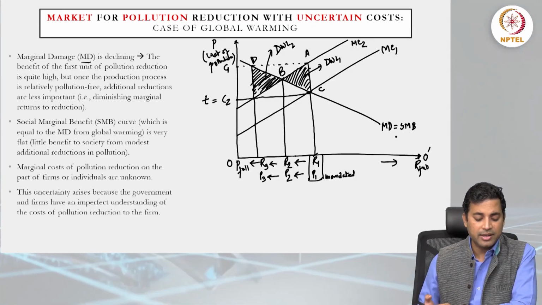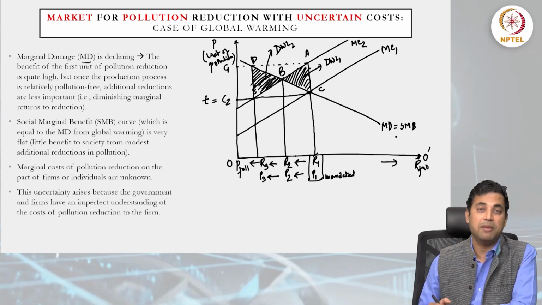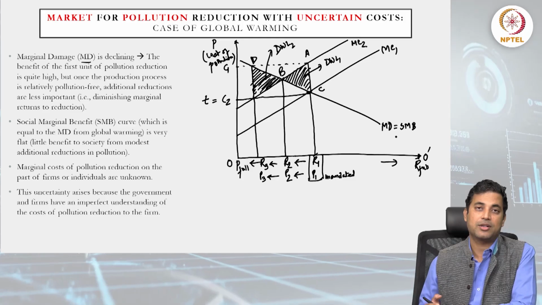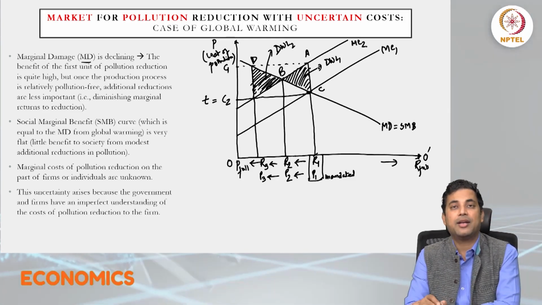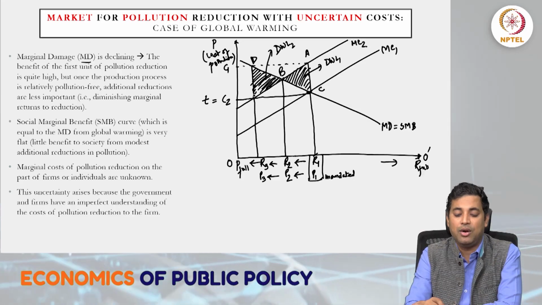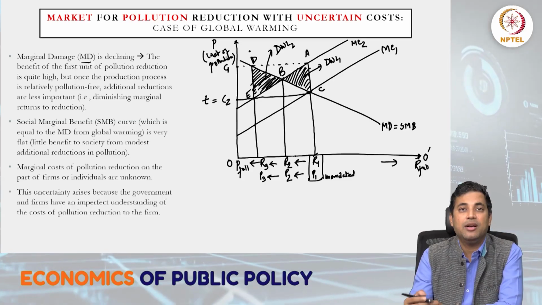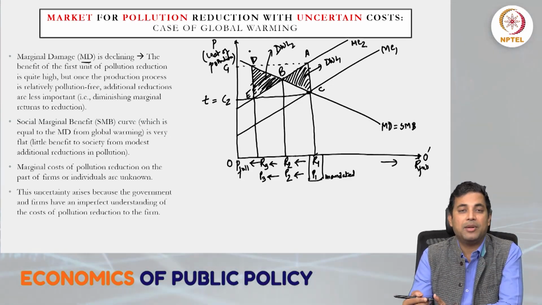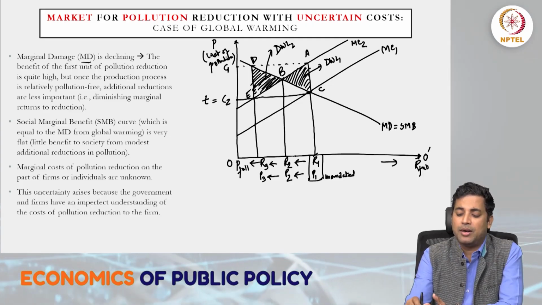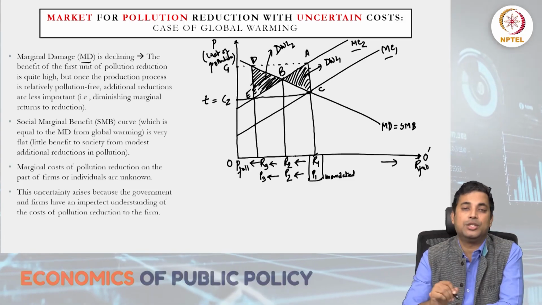So this uncertainty definitely arises because government and farms have imperfect understanding of the costs of pollution reduction in the farm. So when we are saying we are moving from C to A or A to B or B to E, or E to D, this is all happening because we don't know about, say, MC1 and MC2.